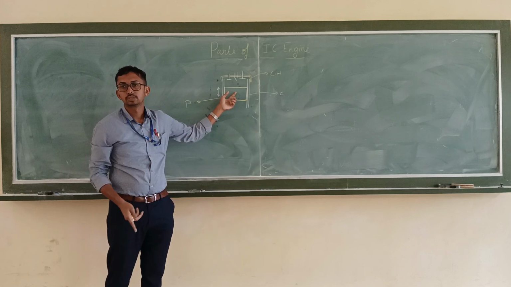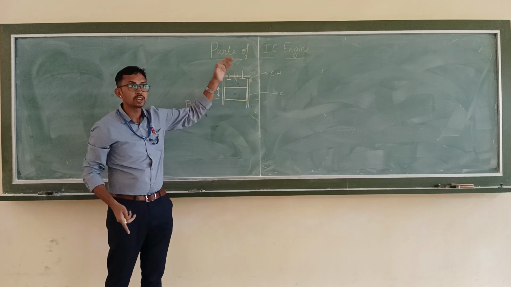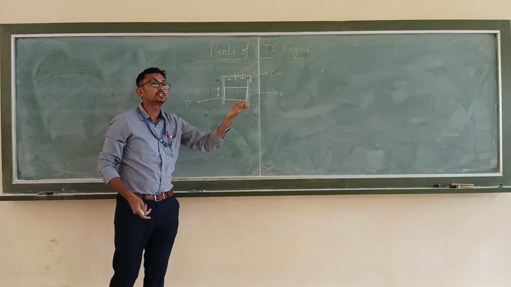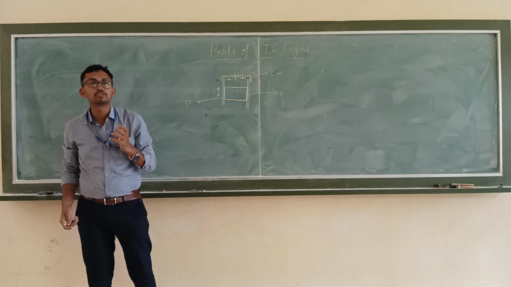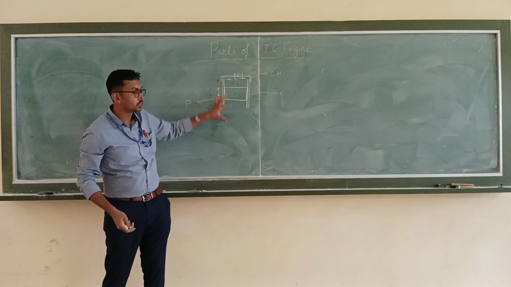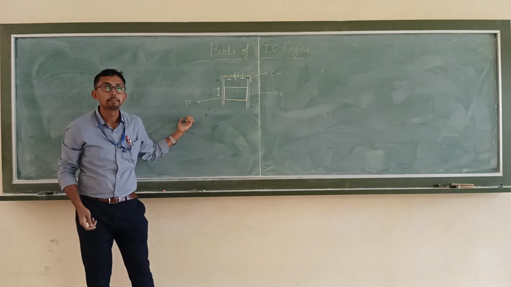The crankshaft. So the main purpose is to transfer the power from here to the crankshaft. Is it clear? And another function is that it is going to reciprocate. So these are the main functions of the piston.